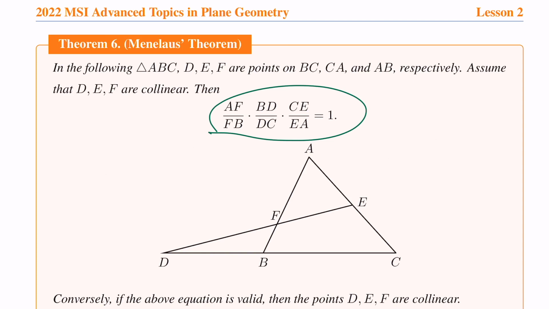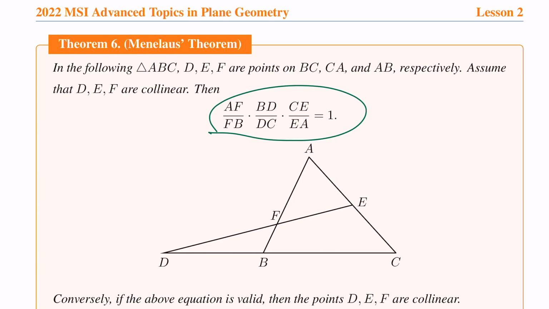Let me start with finding the coordinates of E instead of D, because D is a little bit complicated: D is not on BC, but on the extended line of BC. It's the same, but you would have negative sign.